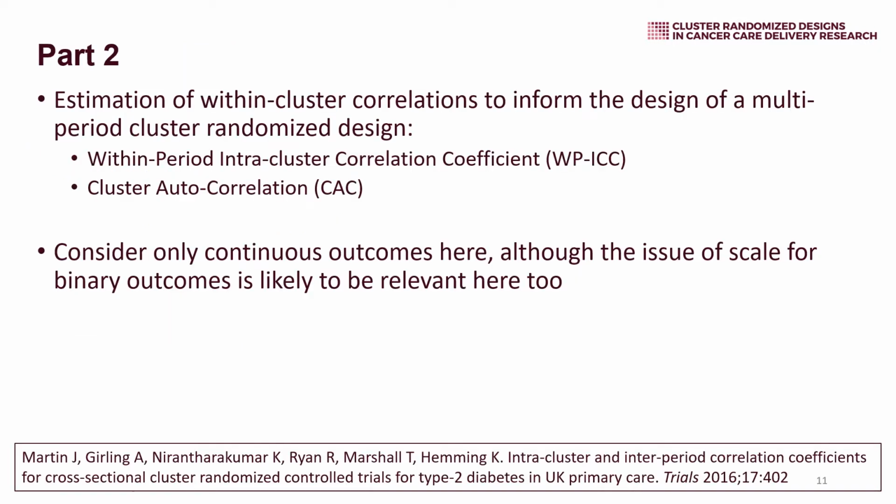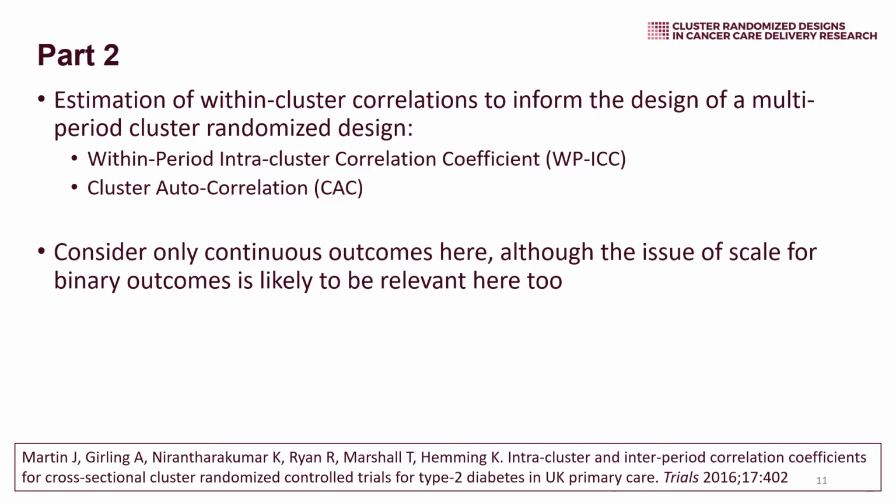So in part 2 then, we're going to go on to think about how we might estimate these within cluster correlations, not to inform a parallel design, but this time to inform a multiple period cluster randomized design. So remember, when we're designing a multiple period cluster randomized design, there are different assumed correlation structures that we might adopt.